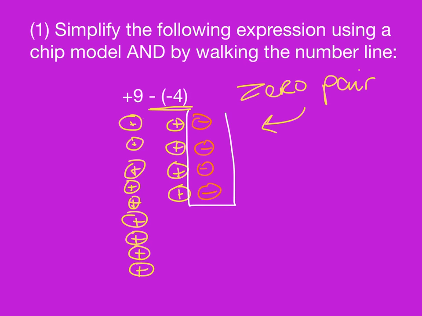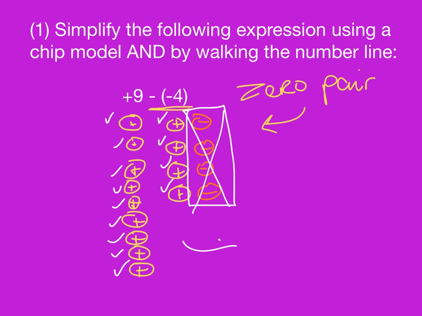So I take those away. And I am left with my original 9, 1, 2, 3, 4, 5, 6, 7, 8, 9 chips, plus my 4 new positive chips. So that's 10, 11, 12, 13. So therefore my answer is positive 13.